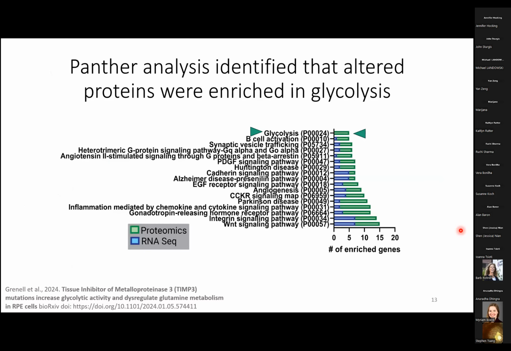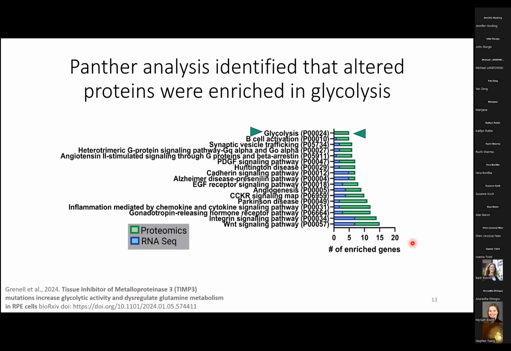I also combined the proteomics and the RNA-seq data to do a Panther pathway analysis to see if I could identify any specific metabolic pathways that were dysregulated. And this right here is a graph showing all of those pathways that were enriched among the dysregulated proteins and transcripts.